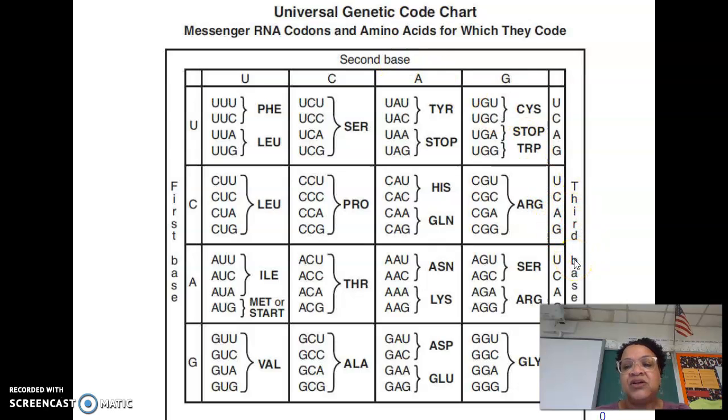So if we were to look at the messenger RNA codon AUG, A would be the first base. So we have narrowed it down to somewhere in this row. U is the second base. We've narrowed it down to this box. And you take your finger to G, take it across the page. AUG is the start codon.